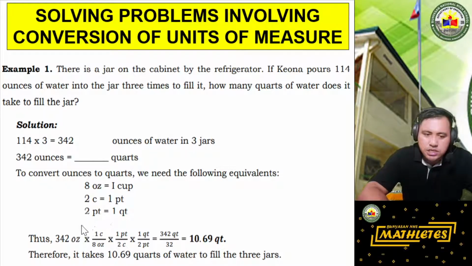So, thus, 342 ounces times 1 cup over 8 ounces times 1 pint over 2 cups times 1 quart over 2 pints is equal to 342 quarts over 32, which is equivalent to 10.69 quarts. So 342 ounces is equivalent to 10.69 quarts. So therefore, it takes 10.69 quarts of water to fill the 3 jars.